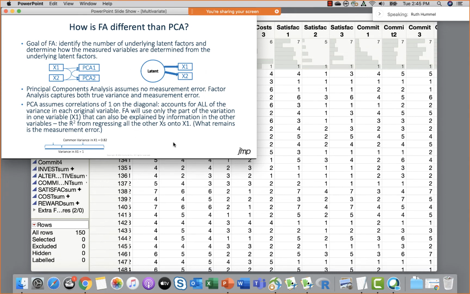And the idea of choosing to use one versus the other version of the correlations for factor analysis is that if you described all of a variable's variance as just a total amount of 1, so every variable has unit variance, part of that variability would be explained by all the other variables.